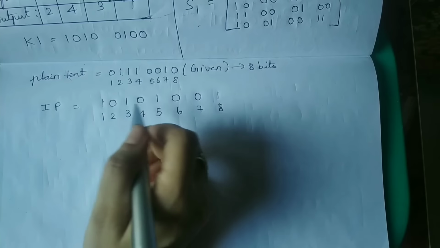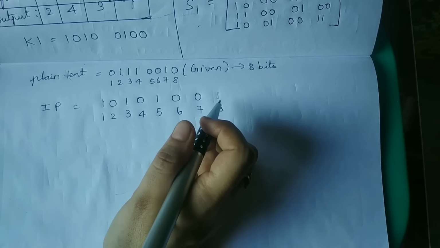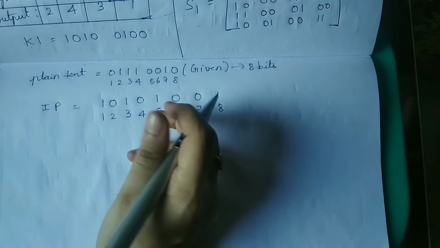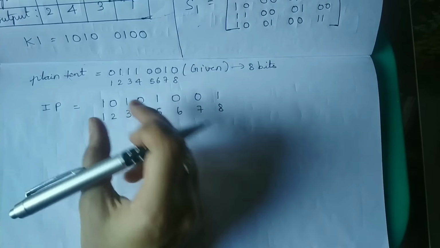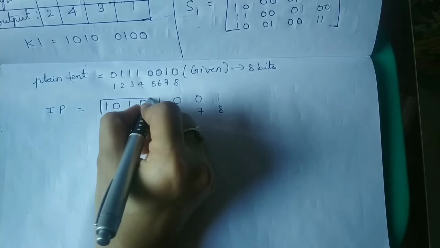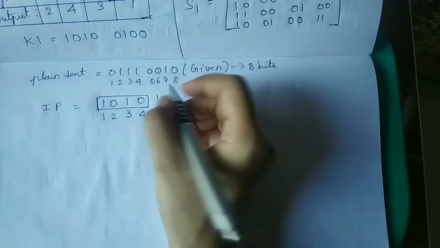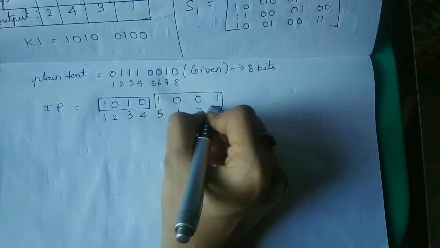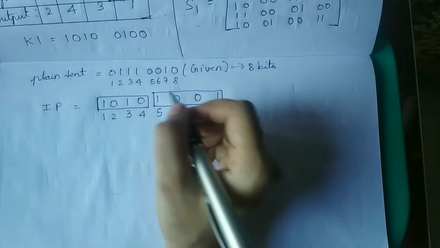Totally there are 8 bits present in this IP. So I'm going to divide it as 4 and another 4. These 4 bits will come in the first part and these 4 bits will come in the last part.